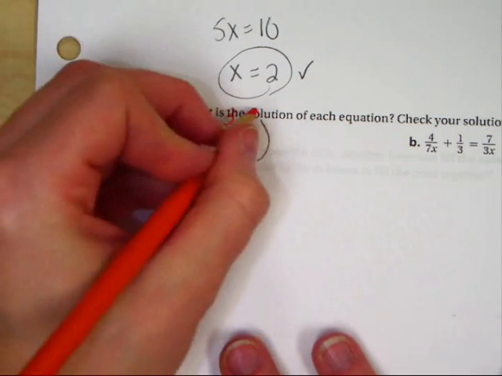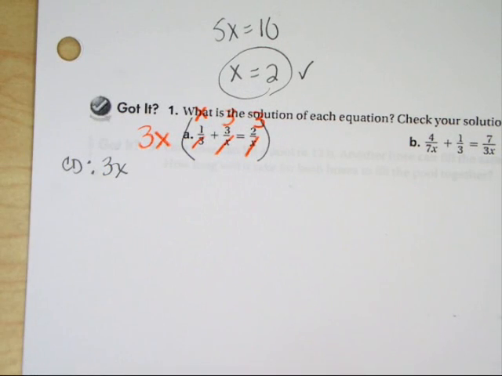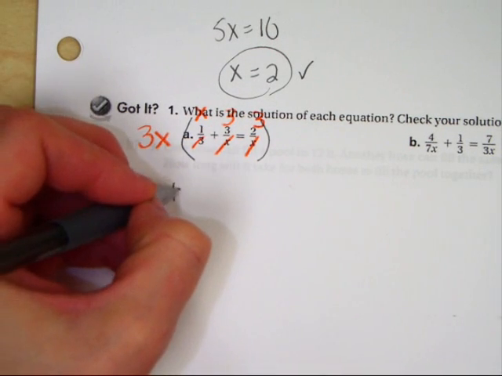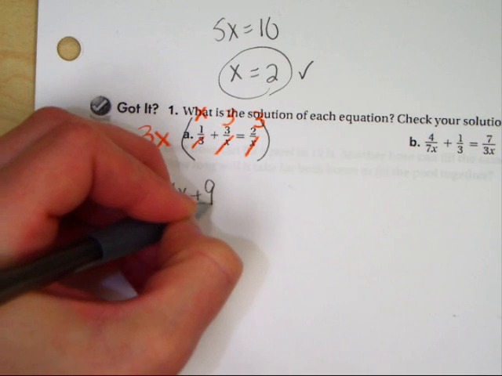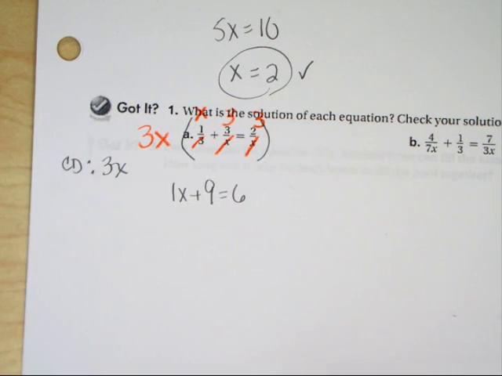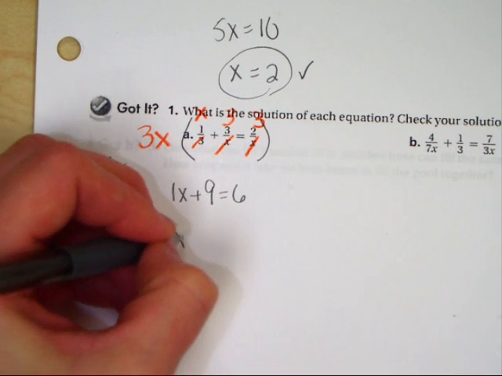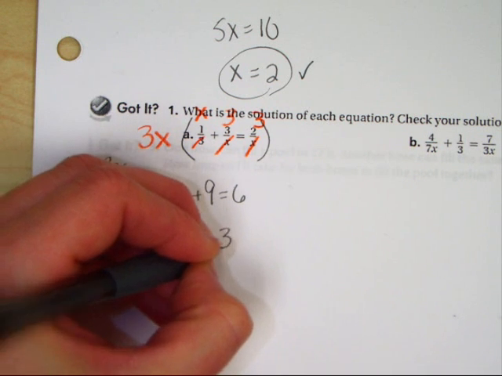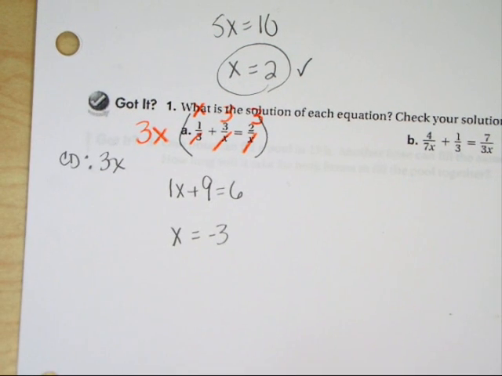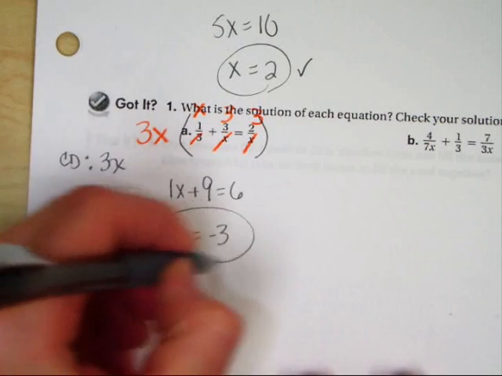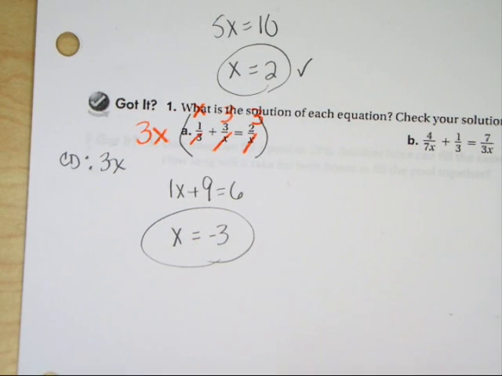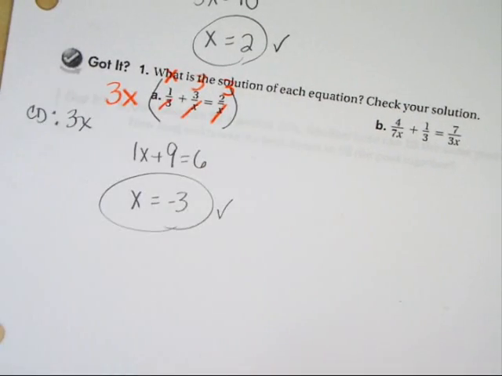This x would cancel and I would need a 3. That would leave me with 1x plus 9 equals 6 when you multiply. That's x equals negative 3. Excuse me, you check the one answer, because there's only one answer. You would get a true solution, and so you say it checks in.